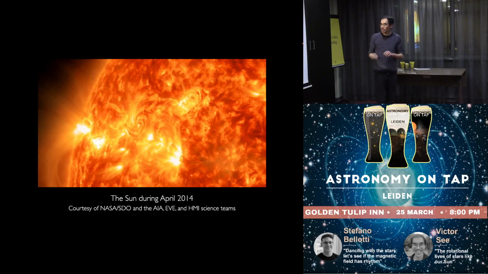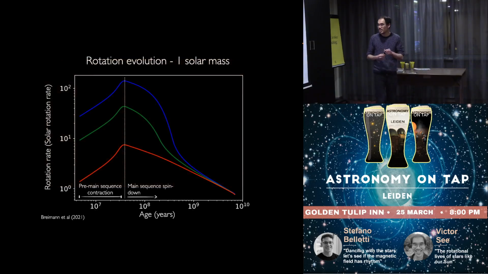So if we return to this plot, the stellar winds, because they're carrying the material away from the star, that material also has some angular momentum associated with it, right? And because the star itself is losing that angular momentum, it has to spin down. Its rotation has to slow down over time, which is what's happening in the second part of this plot.